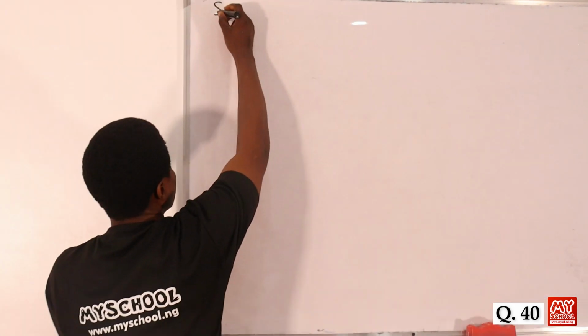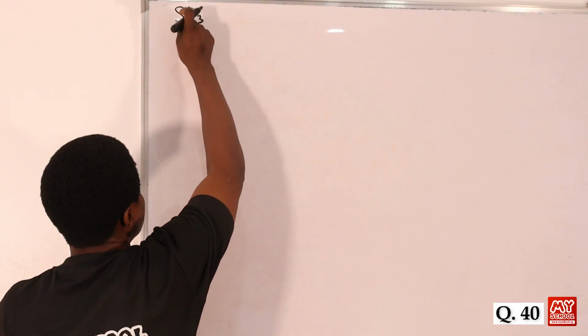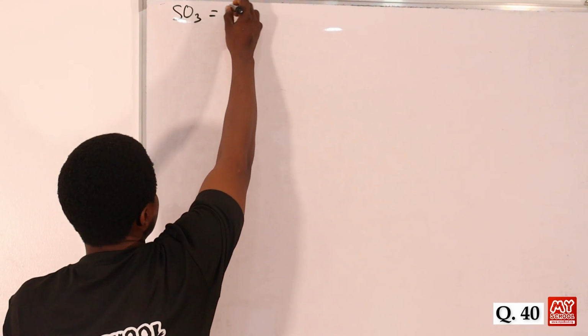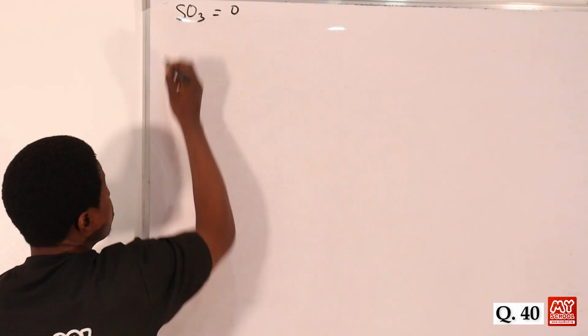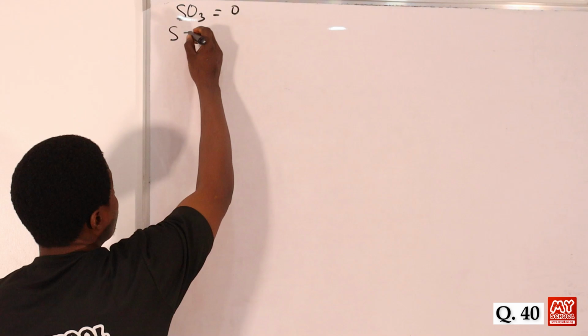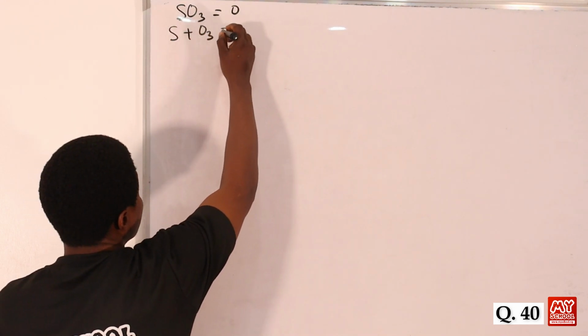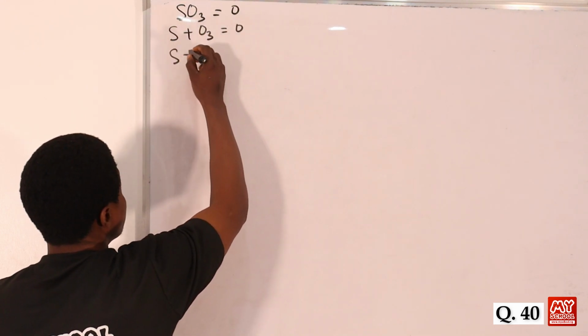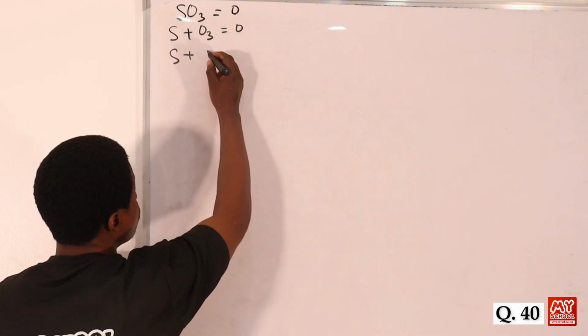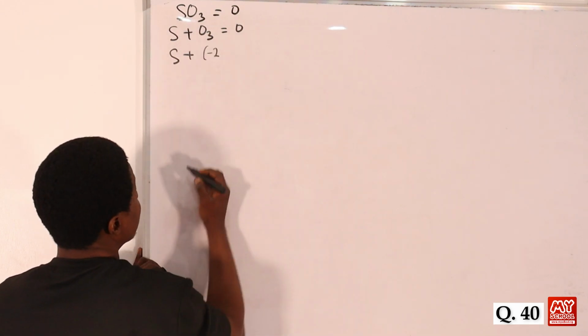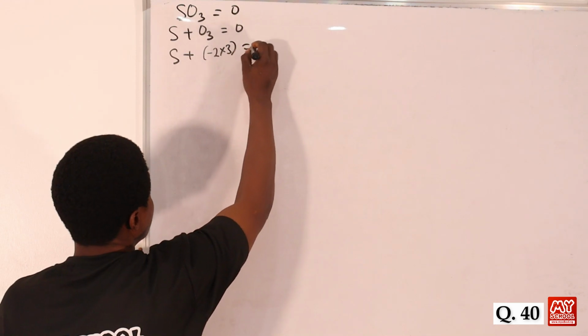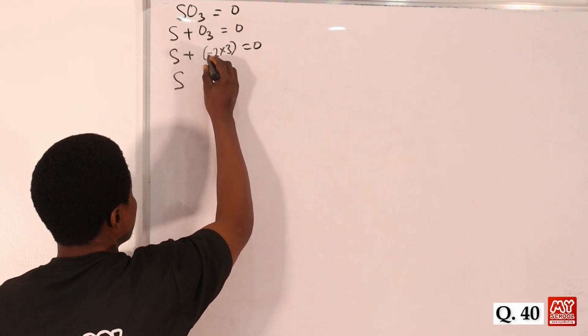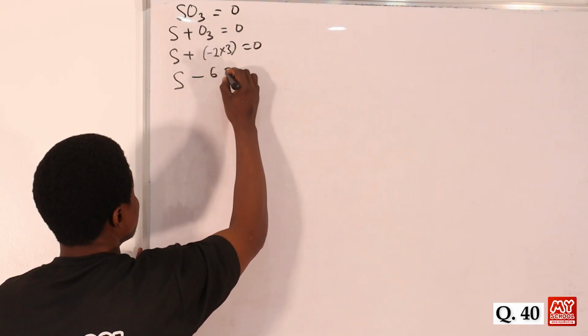SO3 is a compound at the free state, so it will be equal to 0. We want to determine the oxidation state of sulfur here. Sulfur plus O3 will be equal to 0. Oxygen is -2, so we have -2 times 3 equal to 0. So sulfur plus (-2 times 3, which is -6) equals 0.